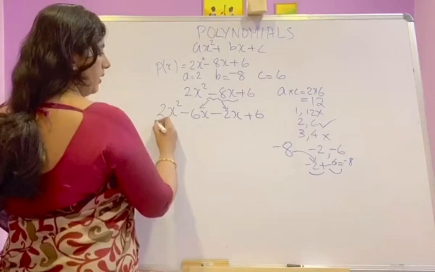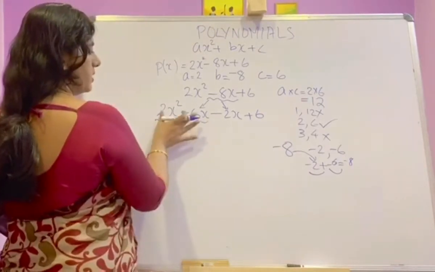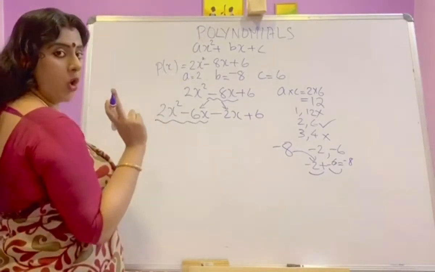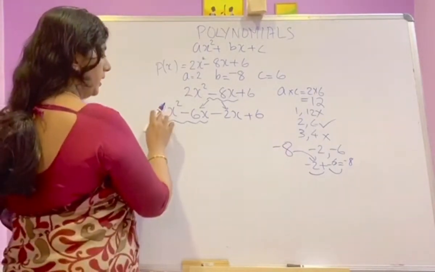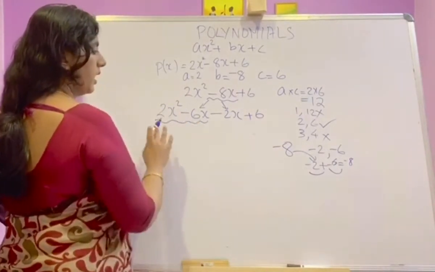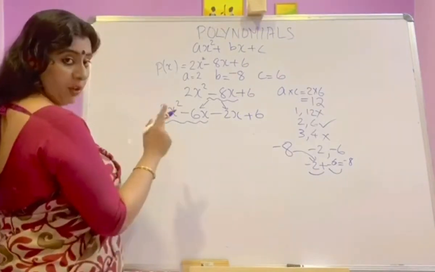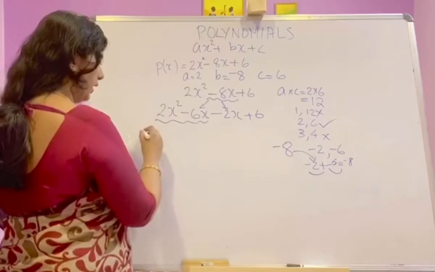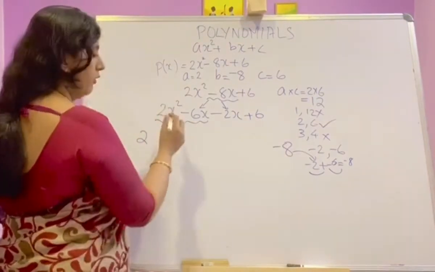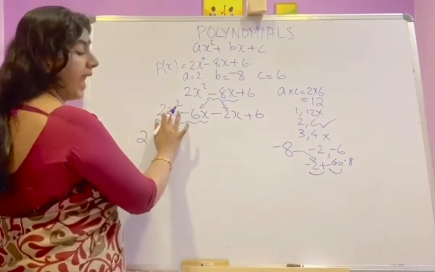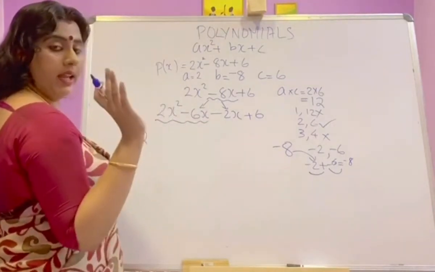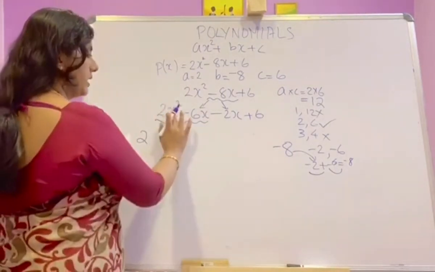Now, from the first two terms, you want to find the common factor. Here there is 2 and 6. Those are multiples of 2, so we can take 2 as a common factor. So taking 2 outside. Also, in the first term there is x square, and in the second term 1x is there. Again, x is a common factor in this term and this term.